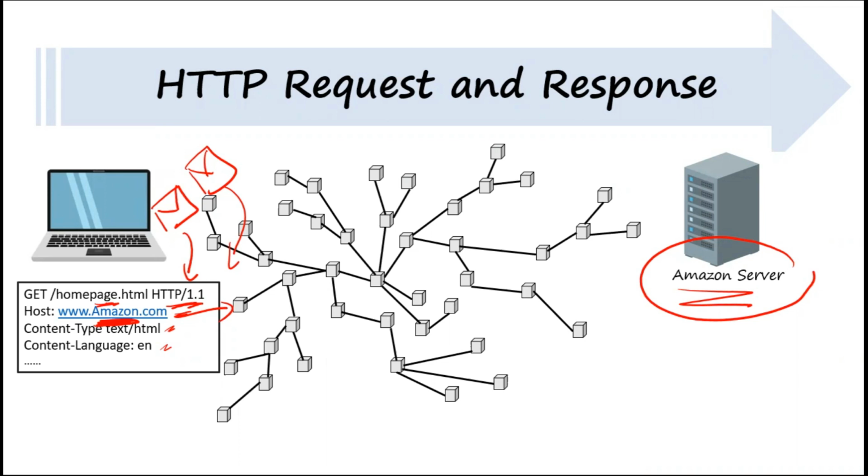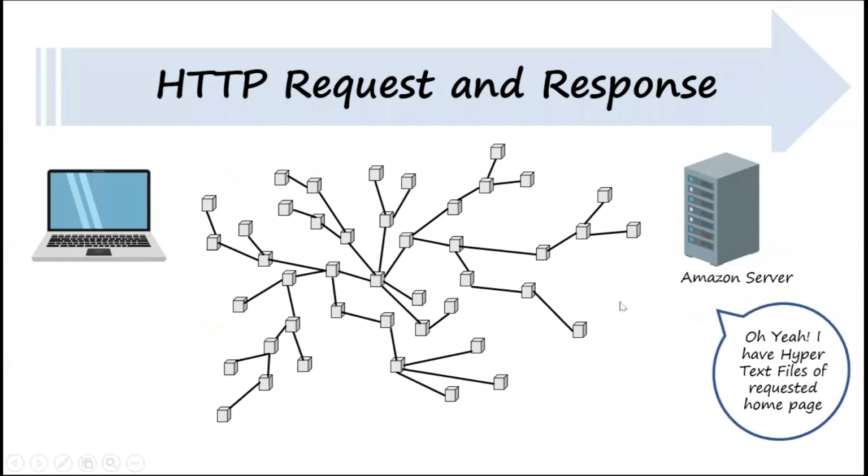From there, the internet knows to whom I have to deliver this particular package. Once this is done, it would go inside the server. And now the server will try to search, okay, am I able to find the information? And if the server is able to find the information, it would say, okay, I have the hypertext files that you're requesting. I can send you that.